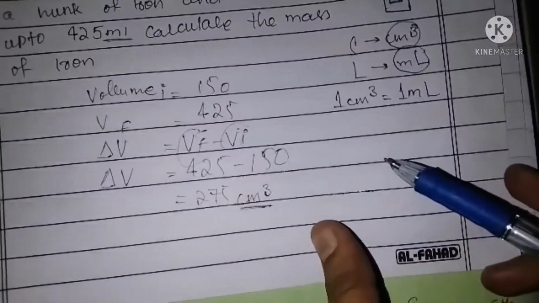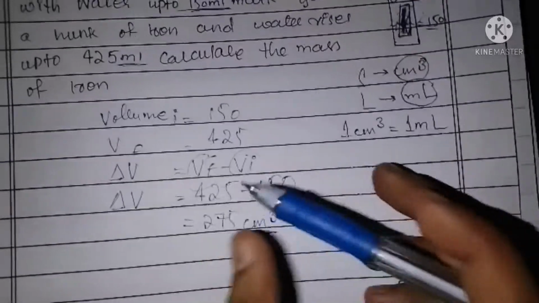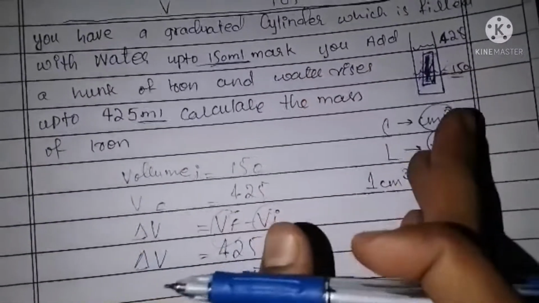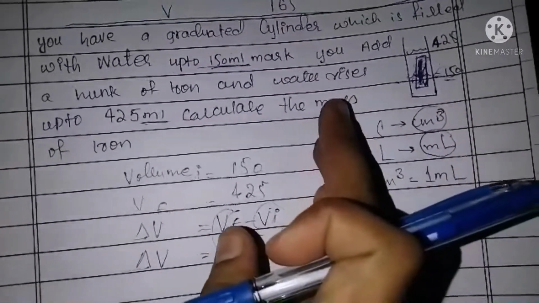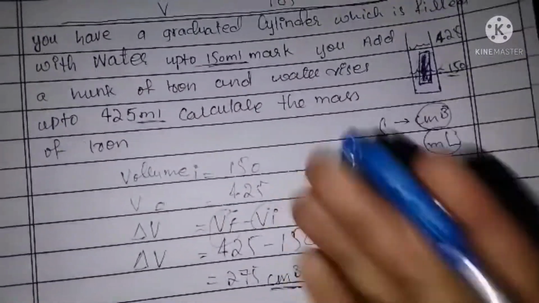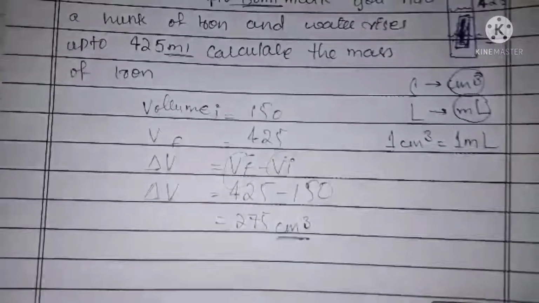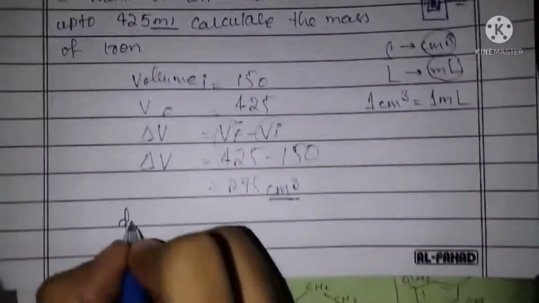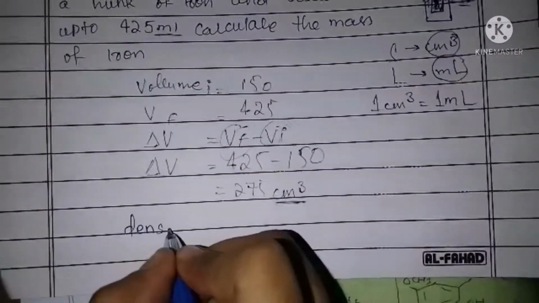So now we're going to determine its density, because to calculate its mass we need to know its density. And how are we going to find the density of iron? The density of iron is constant.